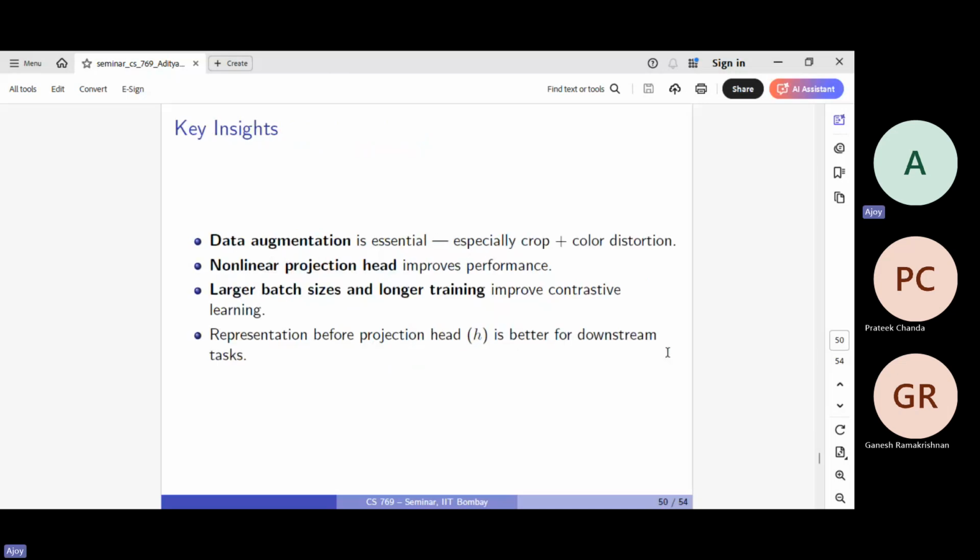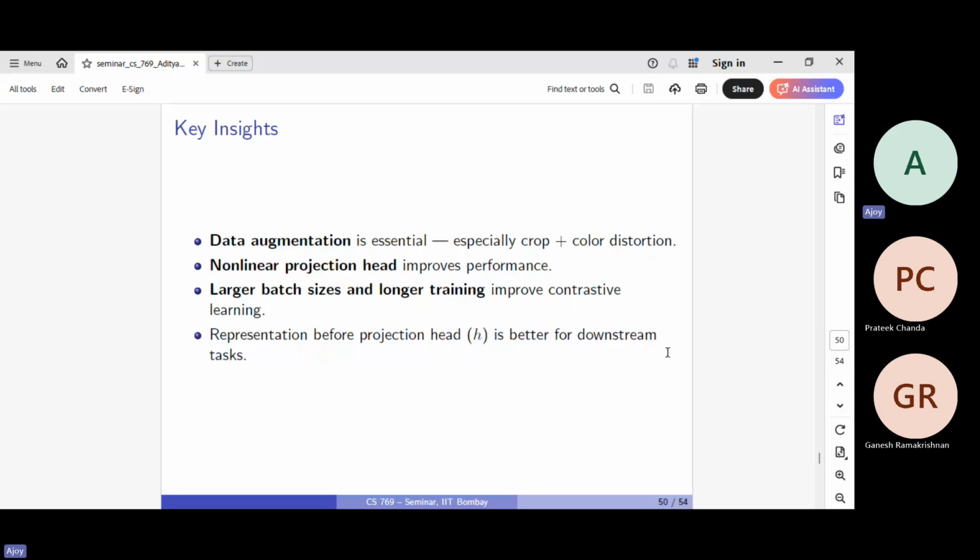The key insight of this paper was that data augmentation is really essential. They use specific augmentation techniques, which give very good results. They use a non-linear projection head, which helps them in getting the loss.